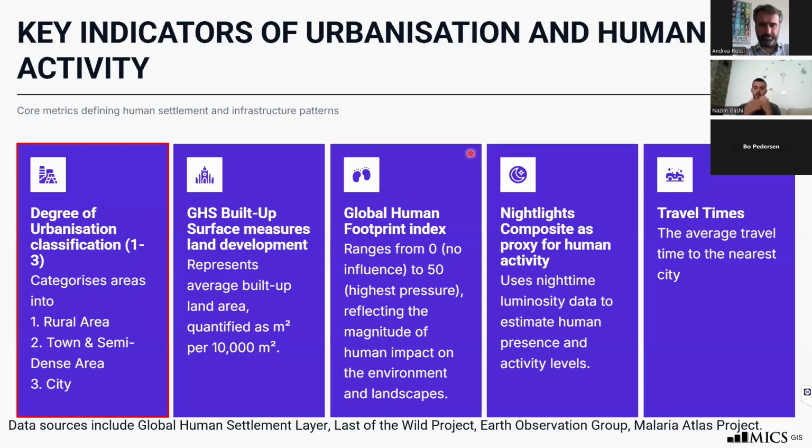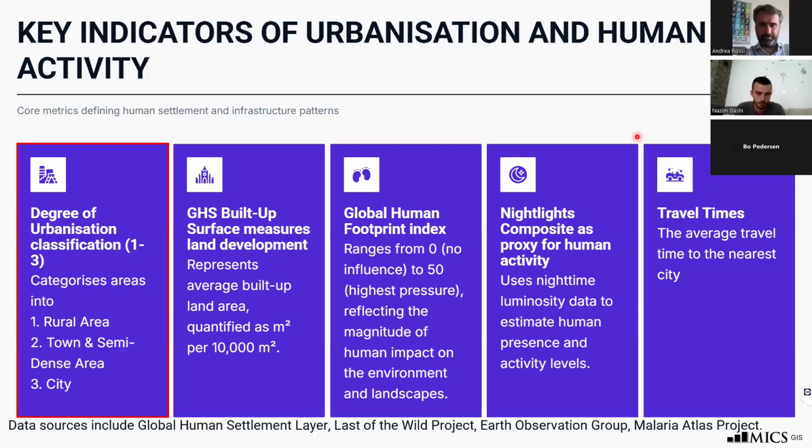So we are using the Earth Observation Group data on the night lights, for all the global data available at the global level, and we are estimating for each MICS survey location. And the last indicator is on the travel time. So the average travel time to the nearest city, to the nearest big city in the specific area.